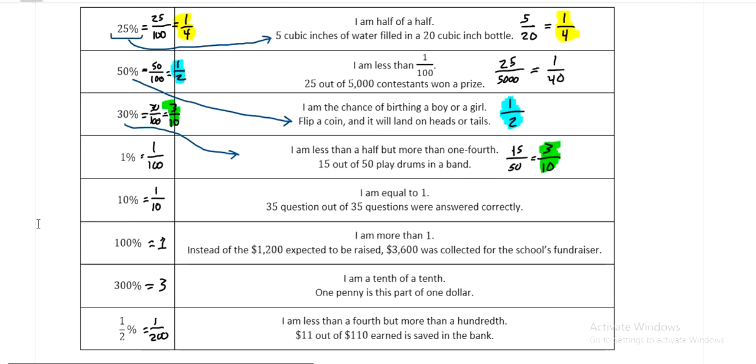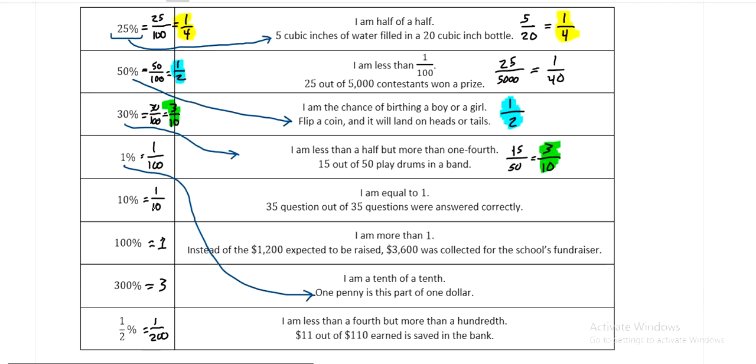At this point, I want you to go ahead and figure out what 1 over 100 matches up with. 1 over 100 will match up with the I am a tenth of a tenth. 1 penny is this part of $1. And again, 1 penny is 1 out of 100 to make a full dollar.